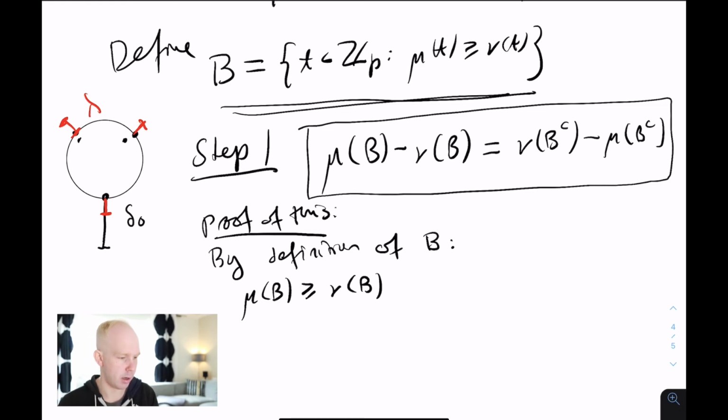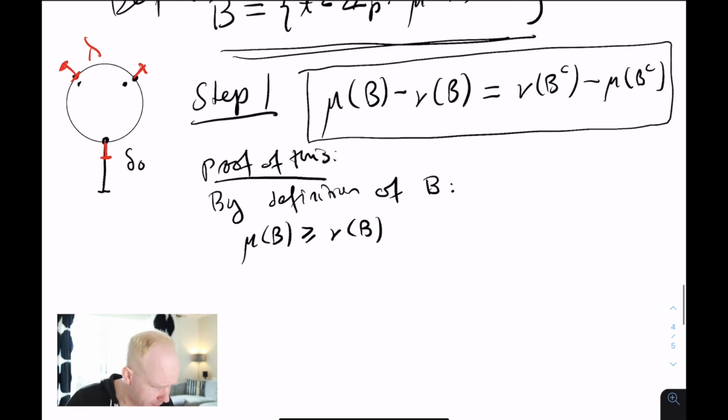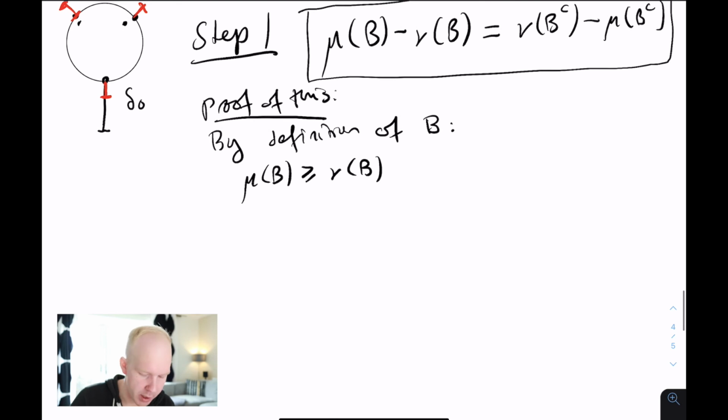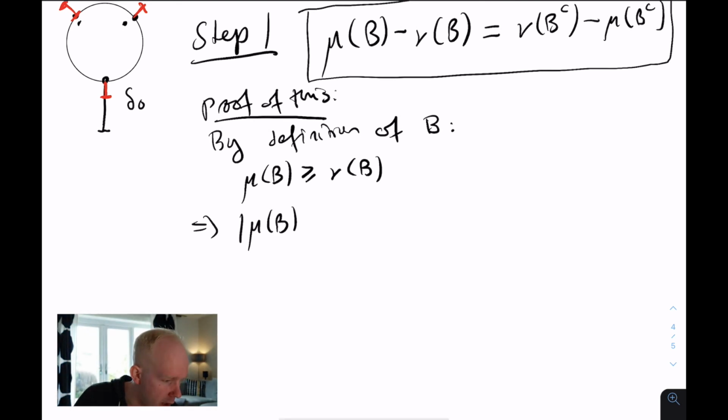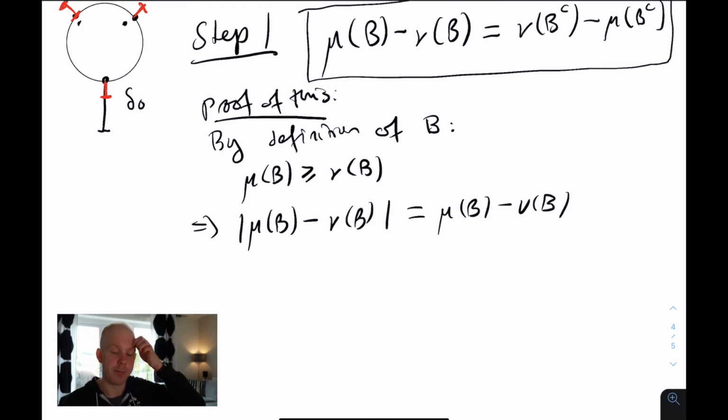And so if you have this property, this implies that if you take the absolute value of mu B minus nu B, this is just equal to mu B minus nu B, because it's non-negative.